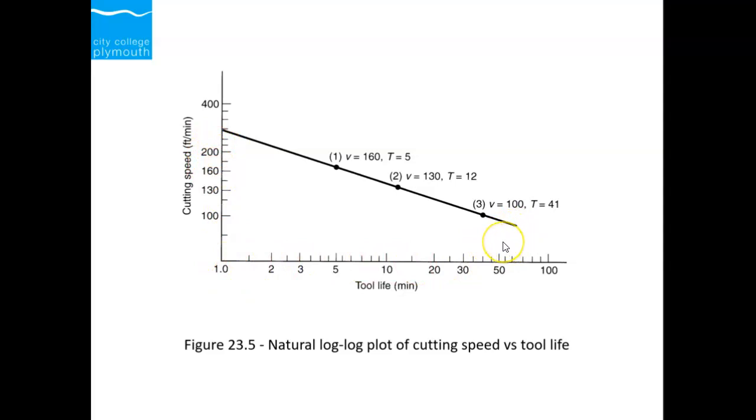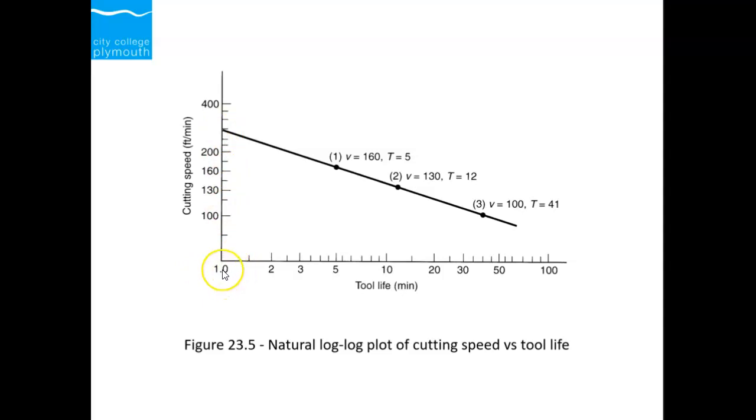If you look at the bottom end, tool life is like 100 minutes, let's say, and the cutting speed is very low, like 100 feet per minute. As you increase the cutting speed, at the highest value here, around 300, the tool life is around 1 minute.